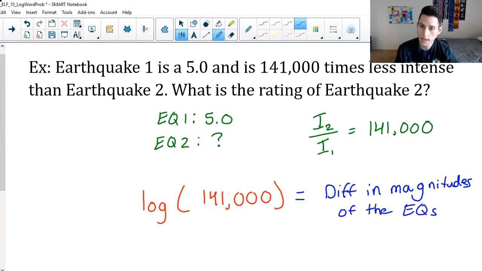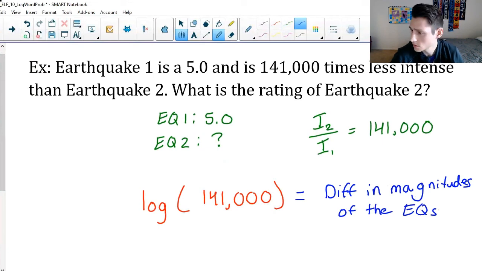Right, it won't give me the actual answer of what is the rating. It gives me the difference, the change between them. Since we compared earthquake 2 to earthquake 1 for our ratio, then the answer we get is the change in magnitude between them. So let me calculate really quick.